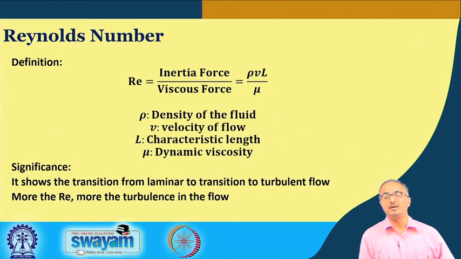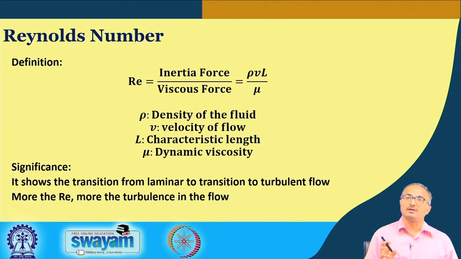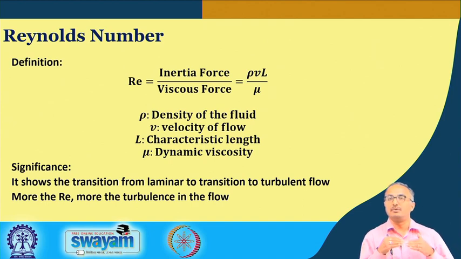Okay? And you know the plug flow assumption which we were making, in that we assume there is very good mixing. So in that case it is a plug flow because there is full mixing in that particular flow.